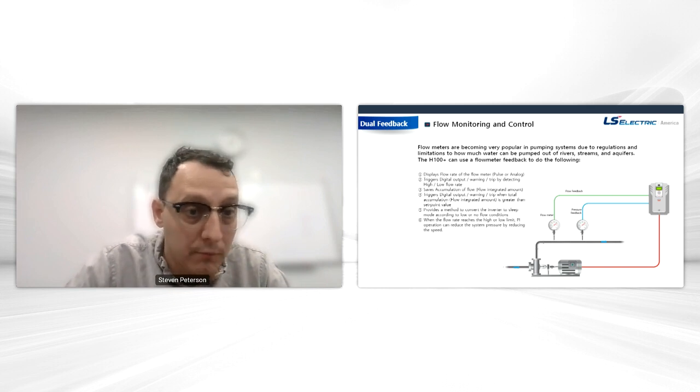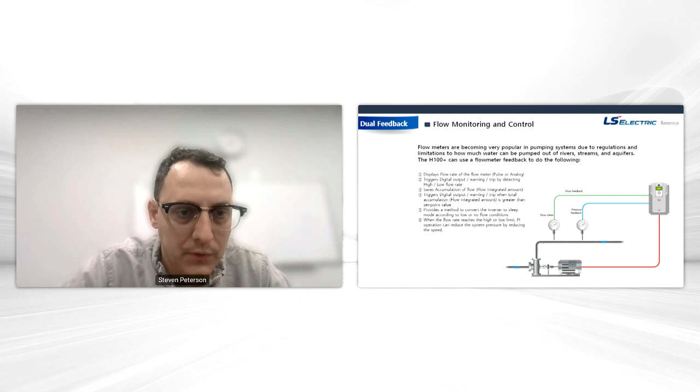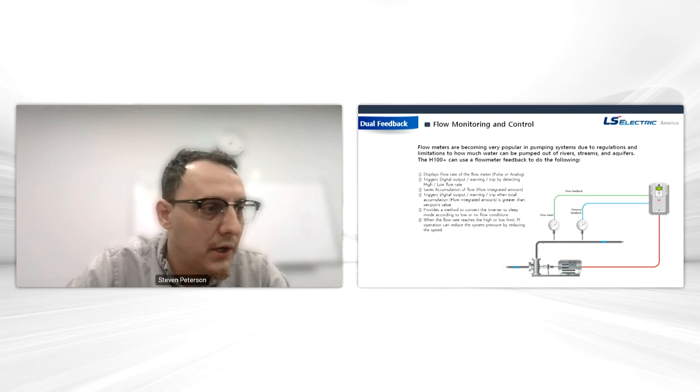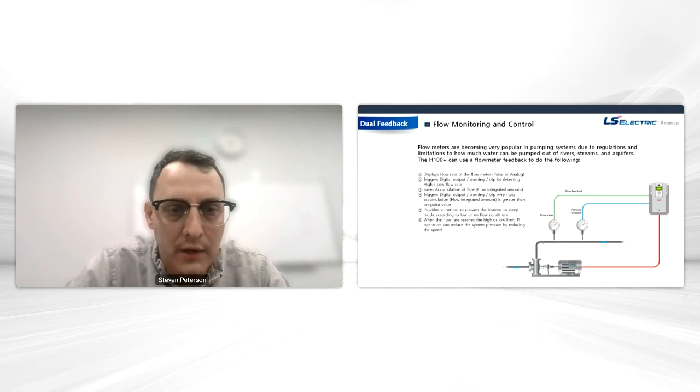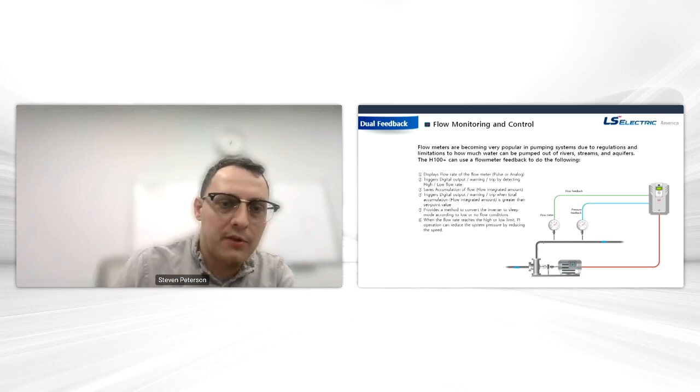We could run either a pulse train input, a digital signal to the drive's input, or an analog signal, like a 0 to 10 or a 4 to 20. We could trigger an output, so when I hit my target flow rate, I want to trip out, close the contact, alert something, do something, and that could be programmed into the drive.